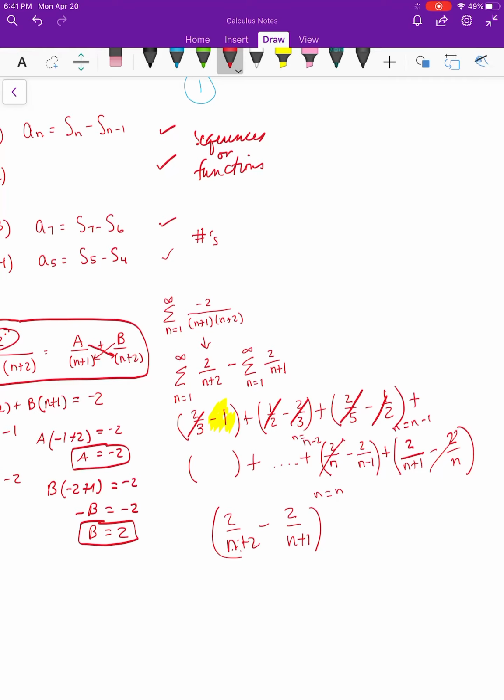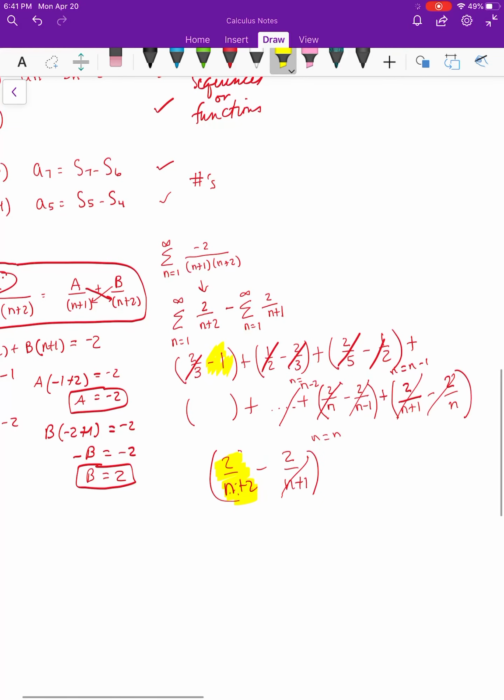And now I want to lastly do just my n, so it'd be 2 over n plus 2 minus 2 over n plus 1. So as everything is canceling, you can see that I've got 2 over n, negative 2 over n. I've got 2 over n plus 1, negative 2 over n plus 1. This one would have gone away with 1 before it. So this is the other thing that's left.